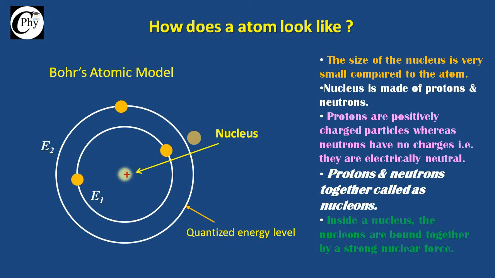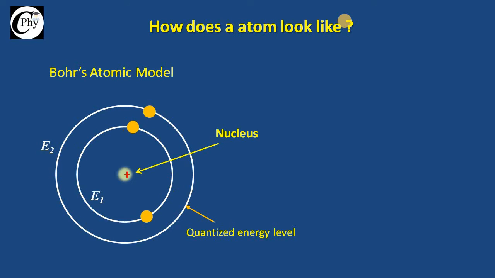This nuclear force is basically a short-range force, and it is opposite to the Coulomb force, which is basically a long-range force. And this nuclear force is solely responsible for binding the positively charged protons inside the nucleus.